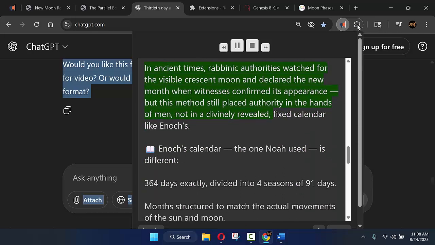In ancient times, rabbinic authorities watched for the visible crescent moon and declared the new month when witnesses confirmed its appearance, but this method still placed authority in the hands of men, not in a divinely revealed fixed calendar like Enoch's. Enoch's calendar, the one Noah used, is different. 364 days exactly, divided into 4 seasons of 91 days.